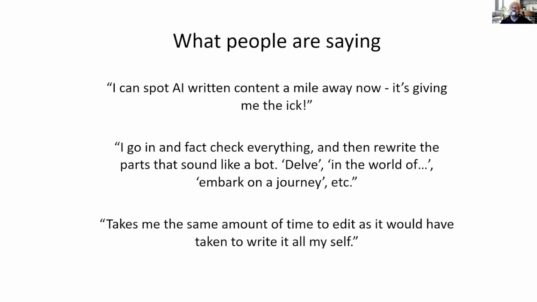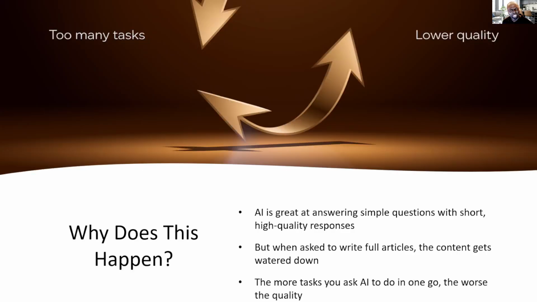But the point here is that this is a problem that we are all experiencing, and why does this happen? You see, AI is great at answering simple questions with short, high quality responses. So if you ask an AI, how do I wash my hand properly?